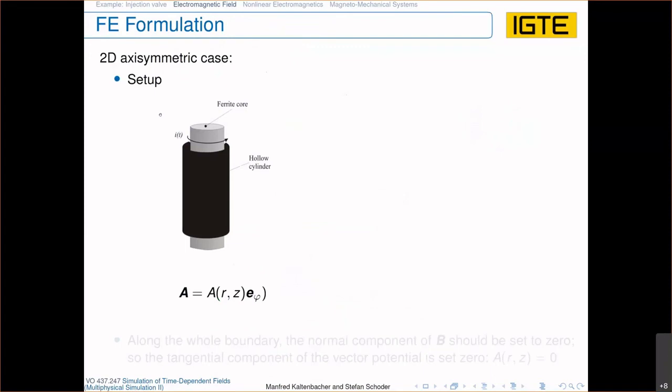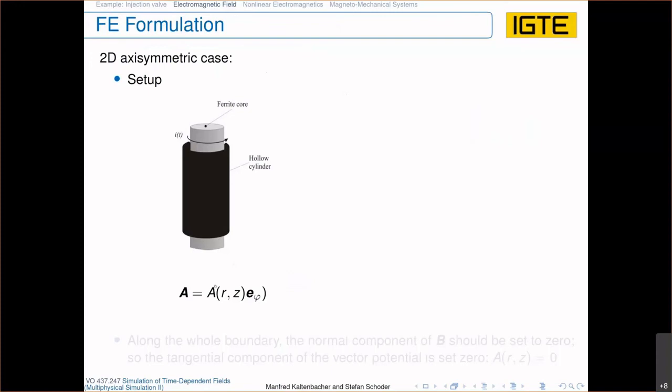Let's finish this by also considering an axisymmetric case, a very simple setup of a ferrite core, where the winding structure has been modeled by a hollow cylinder, inside which we have given the current density in circumferential direction as an input value for the right-hand side of our partial differential equation.